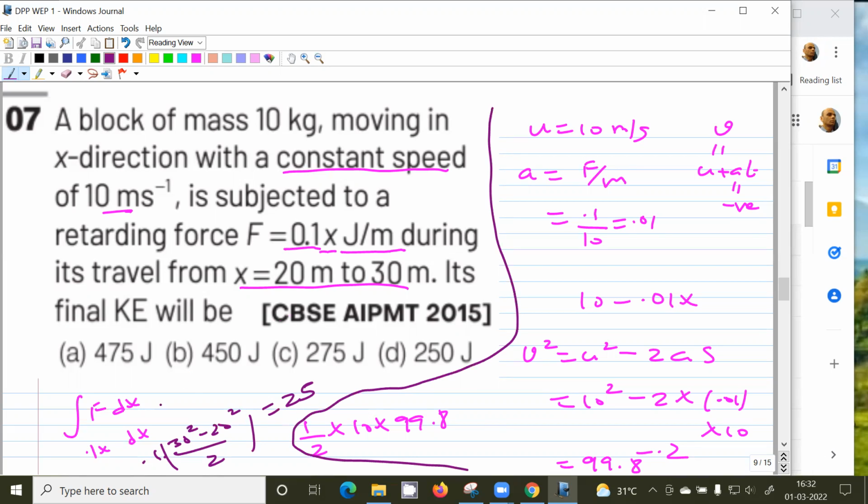This energy conservation here. Initial energy is half m. Half mv square minus half mu square equal to 25.